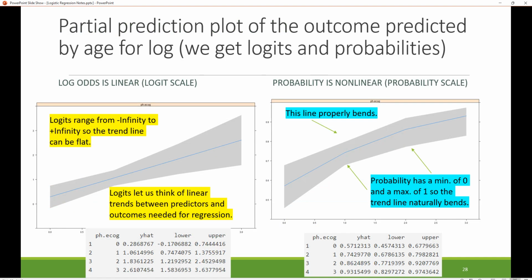We can do partial prediction plots of the outcome predicted by age for the logit. We get logits and probabilities. So in logistic regression, we do get log odds, which are linear. So logits range from negative infinity to positive infinity, so the trend line can be flat. Logits let us think of linear trends between predictors and outcomes needed for regression.